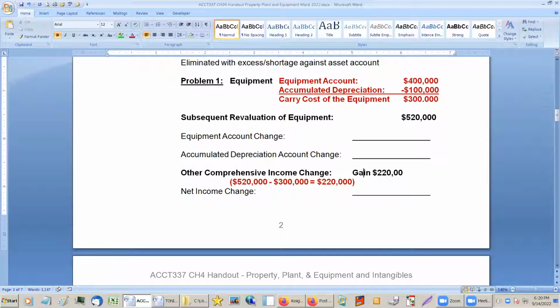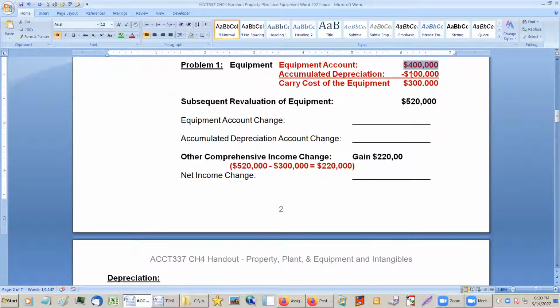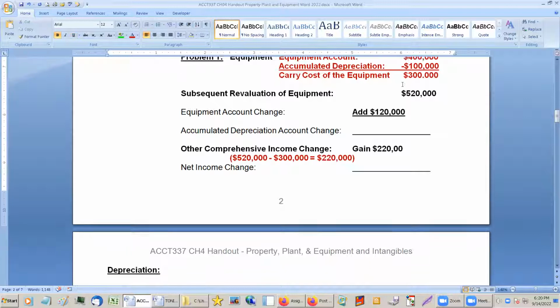Now, this equipment account has 400,000 in it. And we want to get that up to 520. So we're going to add what, 120 to it? That'll get that up to 520.